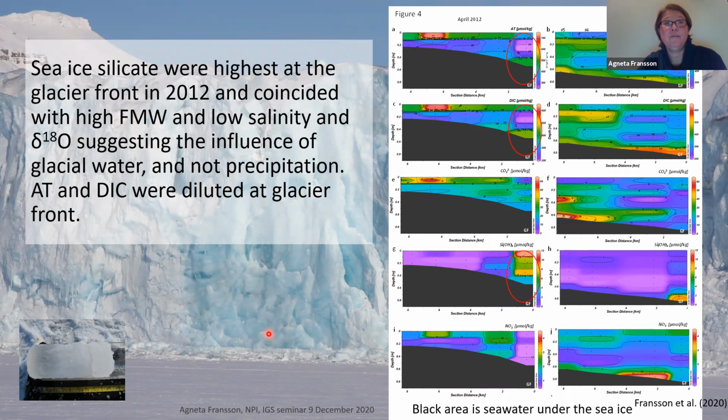That suggests the influence of glacier water and not precipitation. We also have low alkalinity and DIC because of the dilution. Here you see the silicate, which was really high in the inner part of the fjord in 2012, which was not observed in 2013 and not in any place in the fjord.